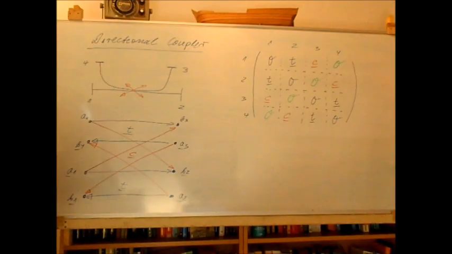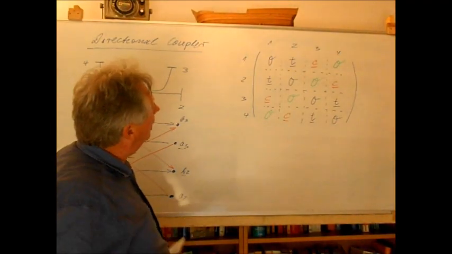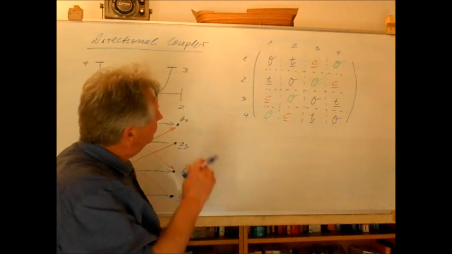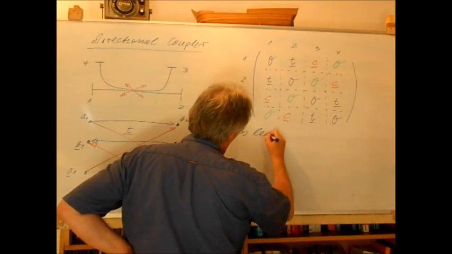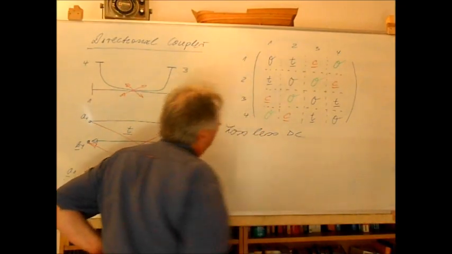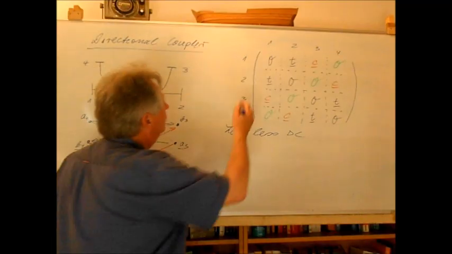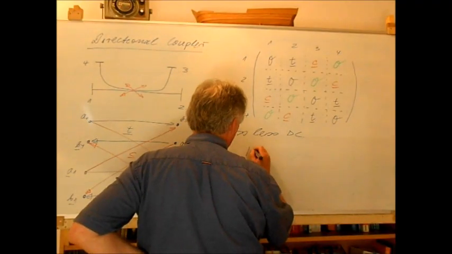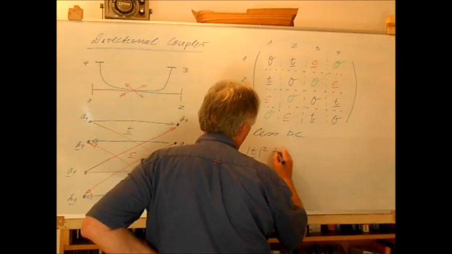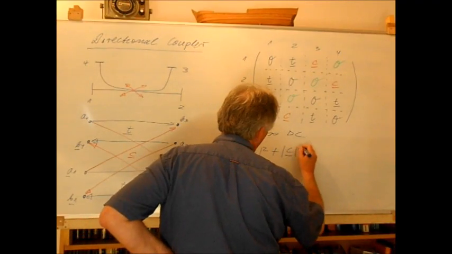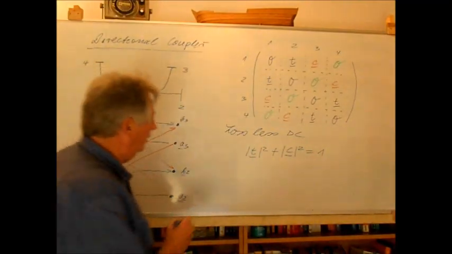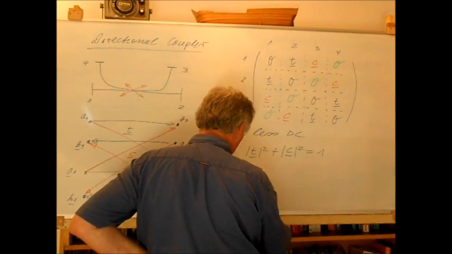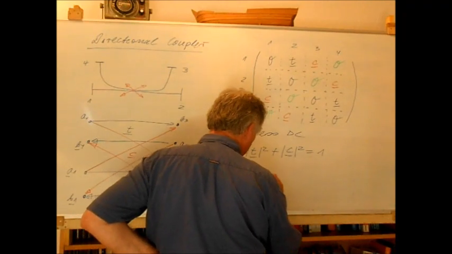So this is the S matrix of an ideal directional coupler, and of course we can also apply here, if I assume a lossless directional coupler, according to our equation, that the absolute value of T squared plus the absolute value of C squared will be 1, or I can in principle calculate the absolute value of the transmission coefficient.